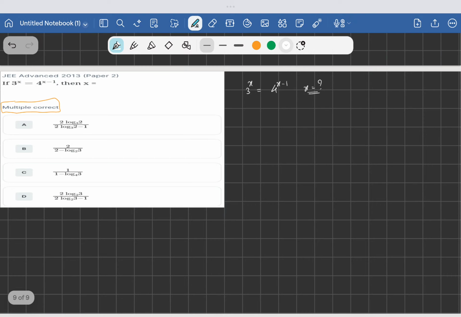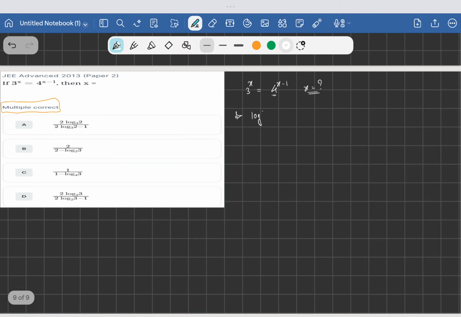So the only choice is to apply the formulas of logarithm. How do we take the logarithm? You can see that 4 is there and 2 is a factor of 4, so I will be taking log base 2 on both sides.